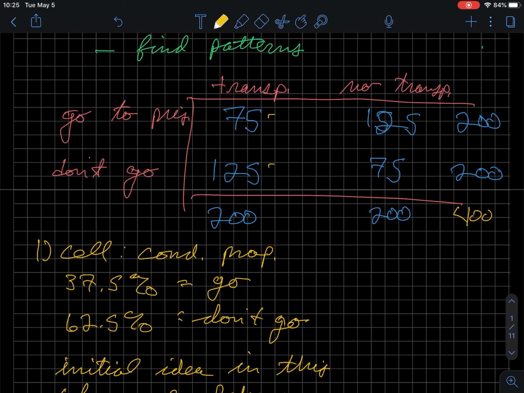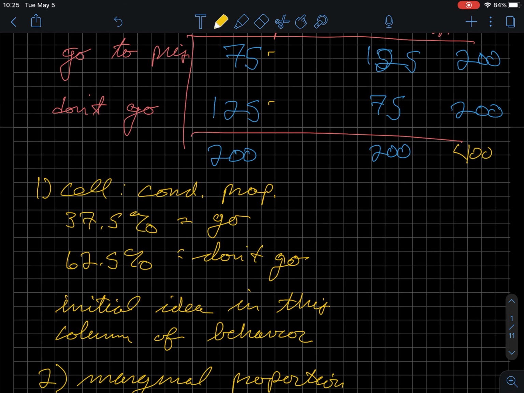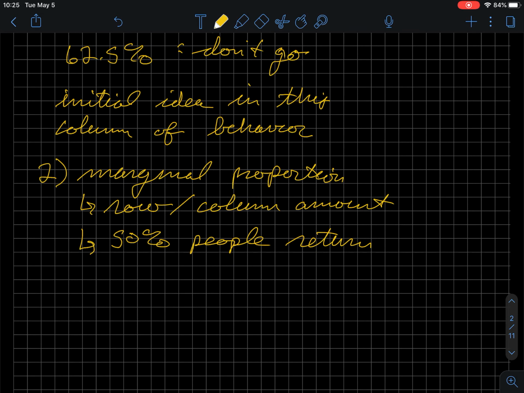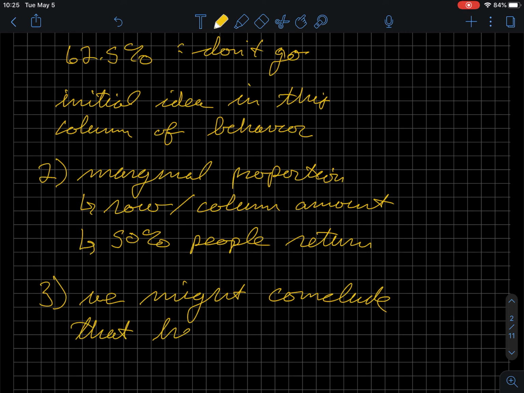Well, if there's no sizable difference, and we find that only like 50% of people return, that means the other 50% don't return. We might conclude that transportation doesn't impact the likelihood of going back to prison.